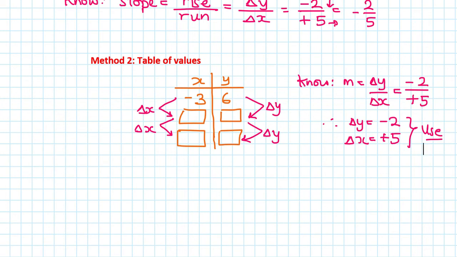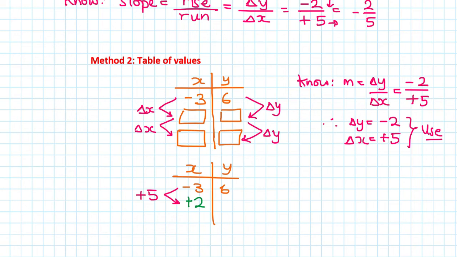So if we go back to our table, which I'm going to redraw over here, where this is our x and that's our y, and we're starting with this point (-3, 6), and we're going to find the next value. It means that in here we're going to go 5 steps for x, or to the right, which means that it will be -3 plus 5, which will give me +2.